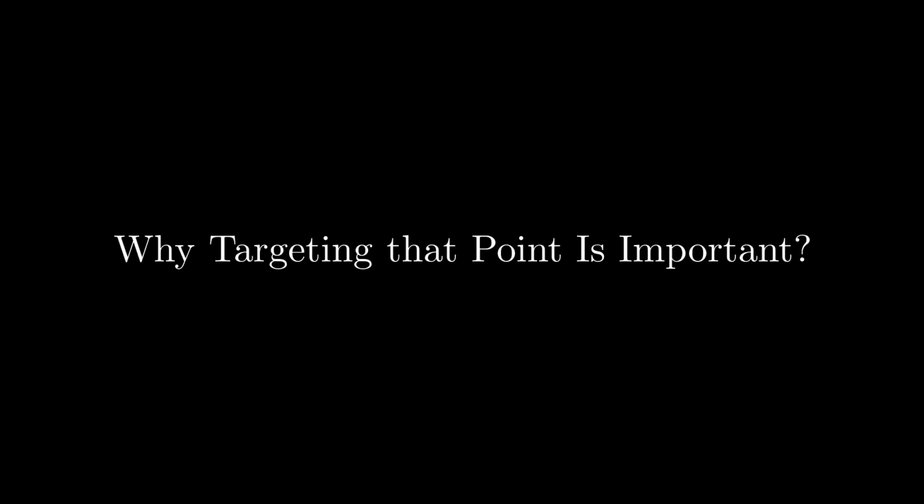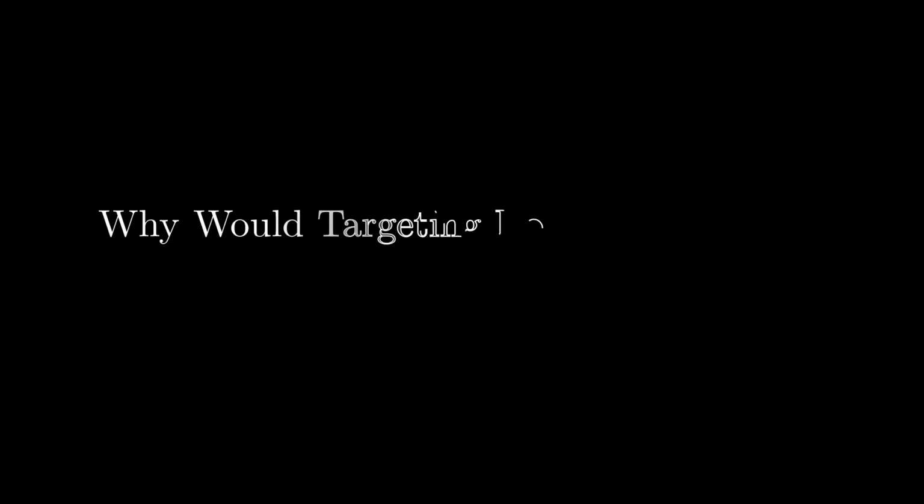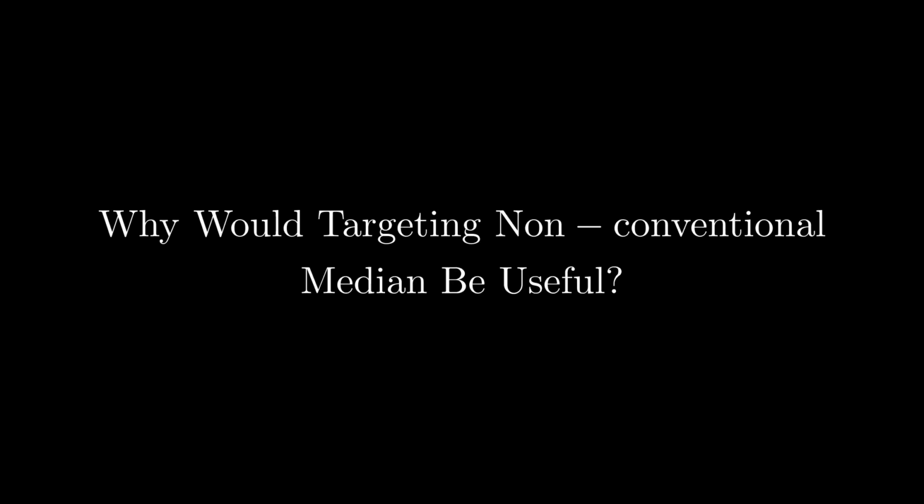For example, targeting mean or median is good because they measure central tendency. However, I am not aware of any reason why targeting the non-conventional median, as the MAPE does, would be a good idea. If you are aware of any such reasons, please comment below or reach out.